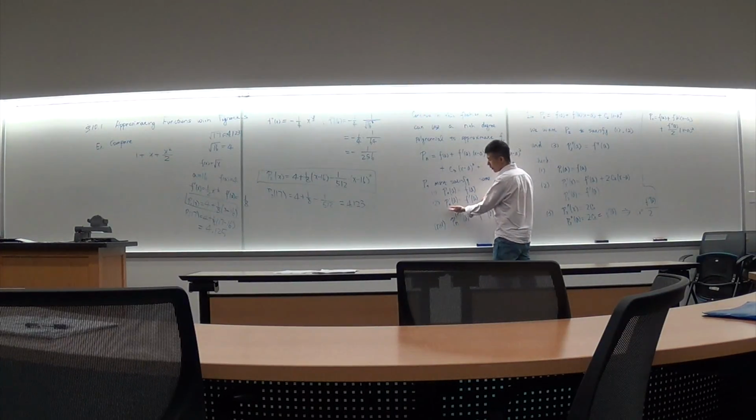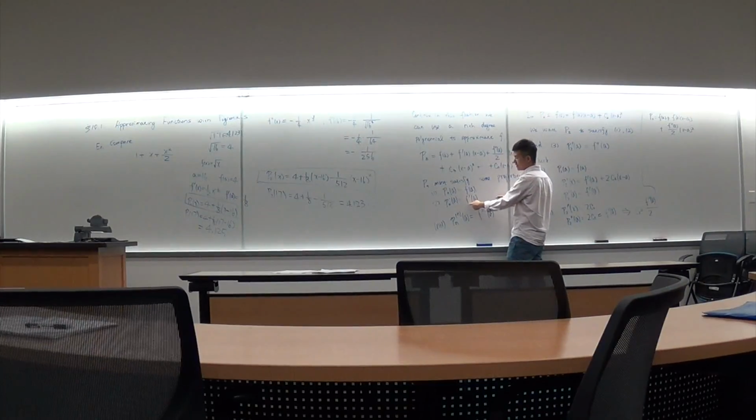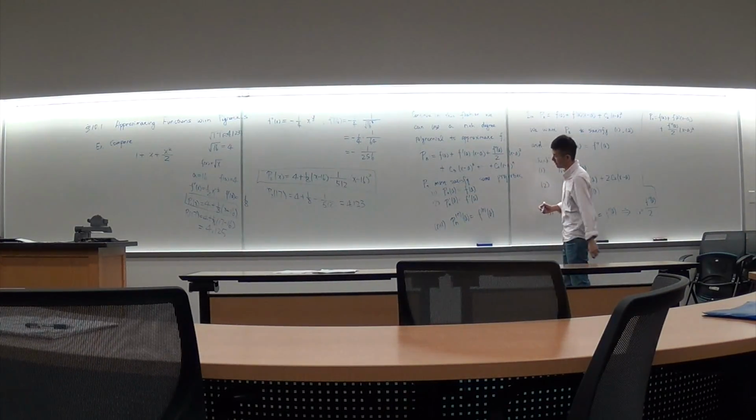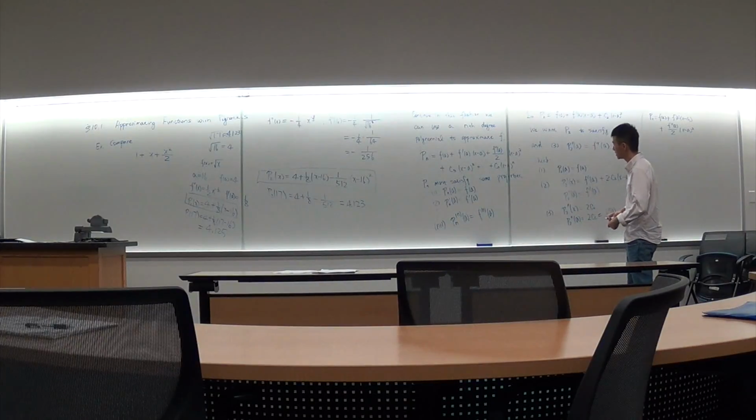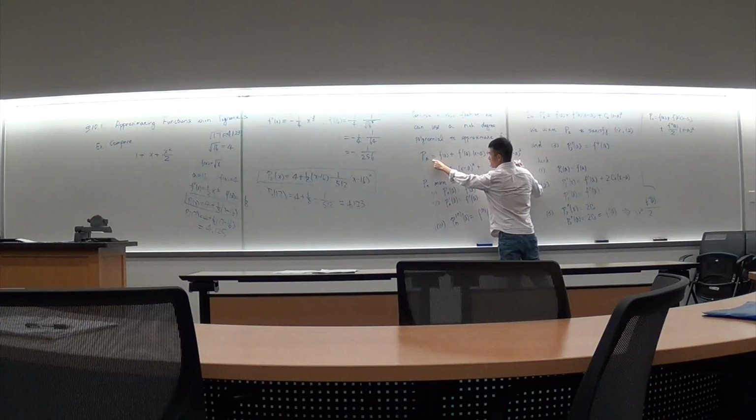And then we impose a third condition, which is the second derivative of Pn at this point a has to be equal to the second derivative of this original function f at this point a, and so on and so forth. So this is our approximating function for the original function f.